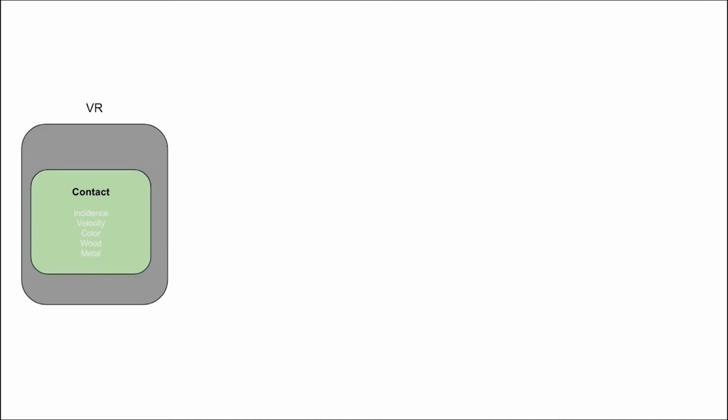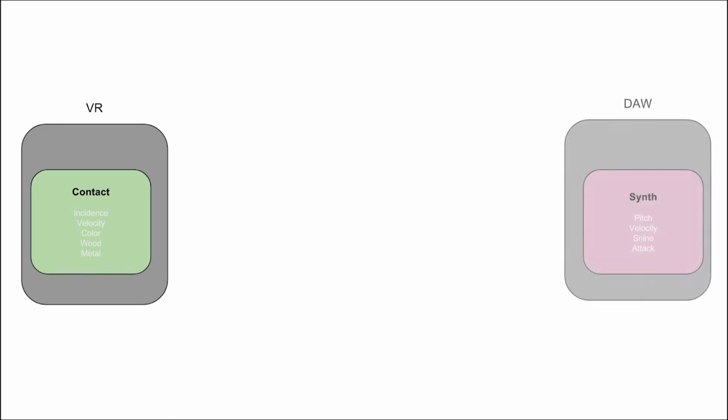And when the user stops touching the sphere, that instance is destroyed. And then we have another component on the other side, say a digital audio workstation, which exposes an input channel, which is a synth that can be controlled in the way that a synth would usually be controlled in MIDI, except there it's controlled by equivalent Sonosthesia messages.